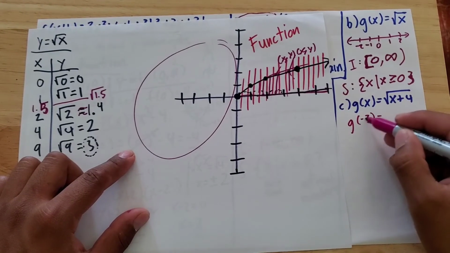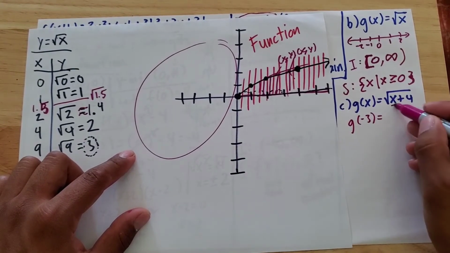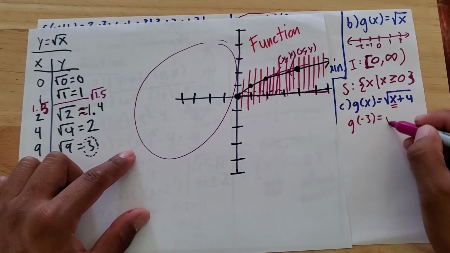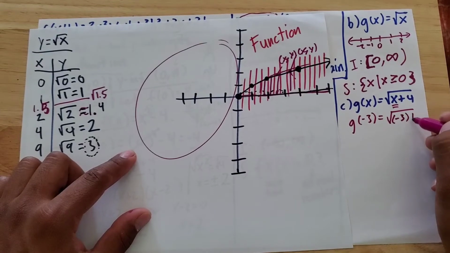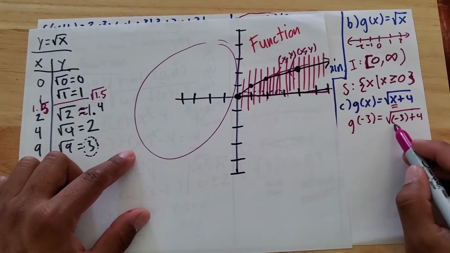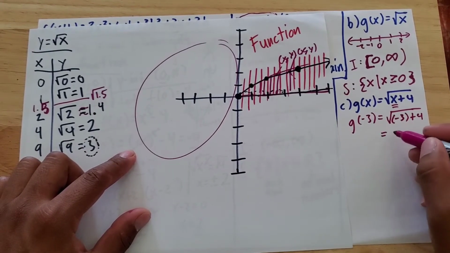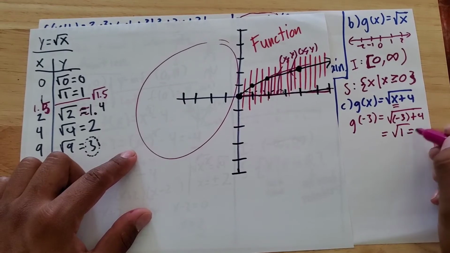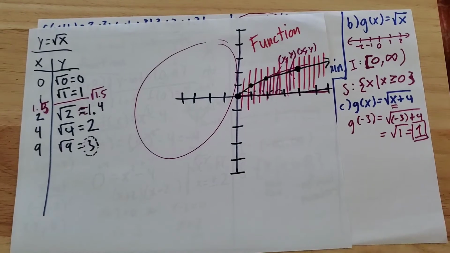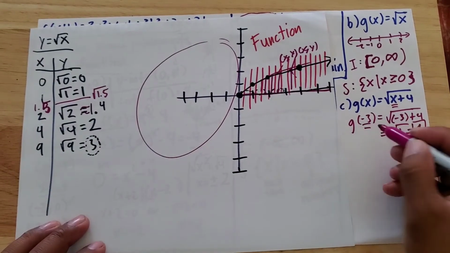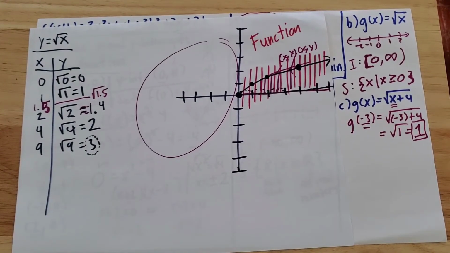Remember, if I'm replacing that x with negative 3, that means I'm going to replace this x with negative 3. And I always use parentheses to replace them. Well, negative 3 plus 4 just gives me the square root of 1, which is equal to positive 1. And this is a real number. How was I able to use a negative number and get a real number as an answer? I thought we said that we're not allowed to use negative numbers.